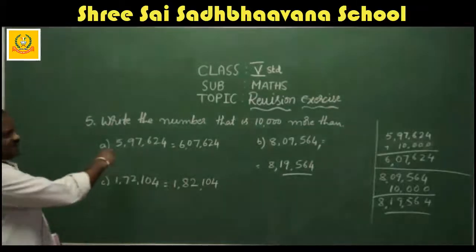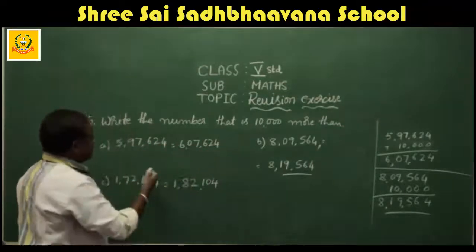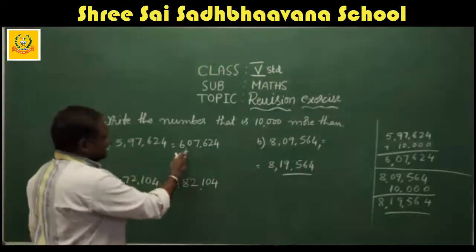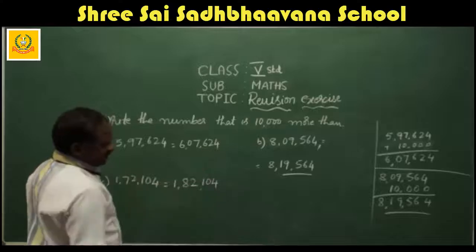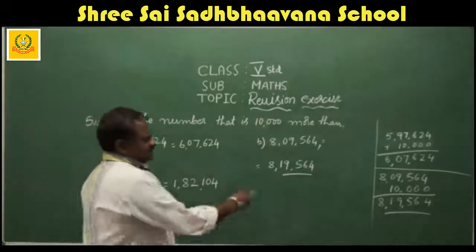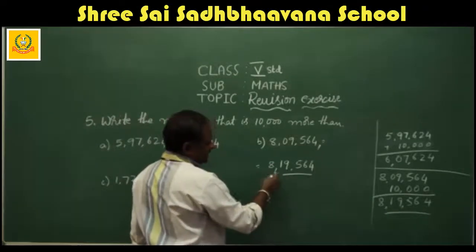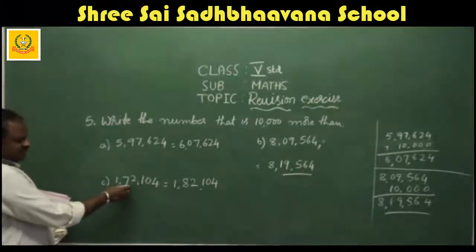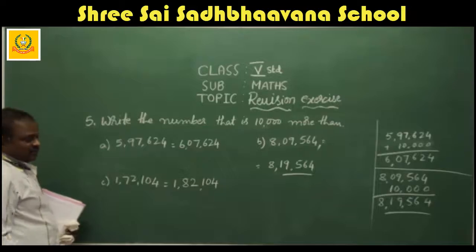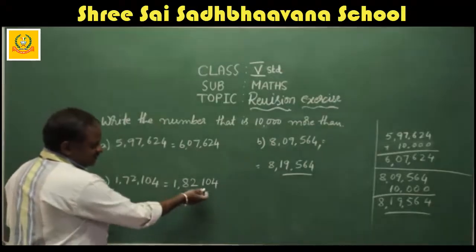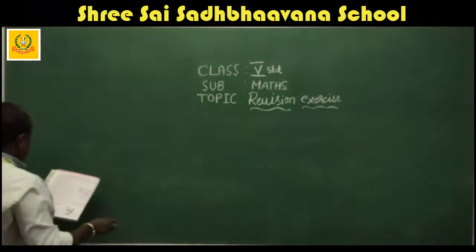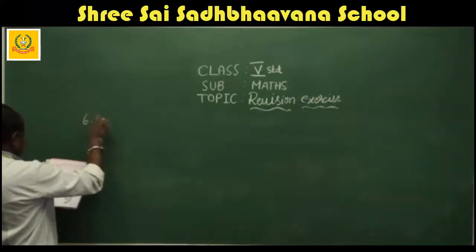That means write the number that is 10,000 more than 5,97,624, that is 6,07,624. 8,09,564, that is 8,19,564. Another one, 1,72,104, that is 1,82,104.